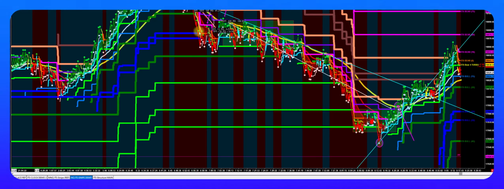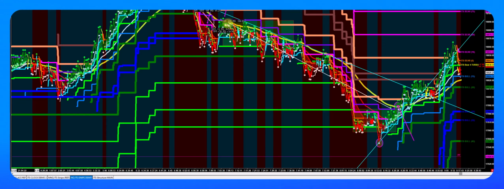First touch of the orange line, first touch of the pink line, which is the 10, first touch of the 15 line. That trade alone, taking us down to the next purple line, would have given us a 106 point trade with no heat, because we were staying within a window of 12 to 15 points above where our entry was.